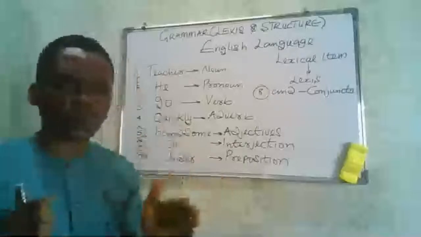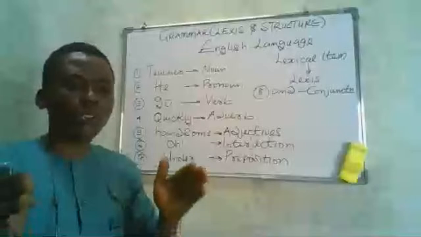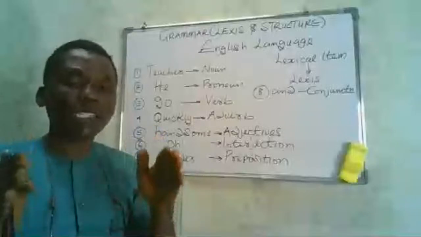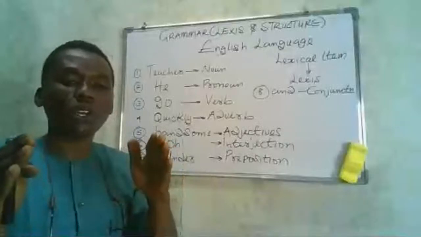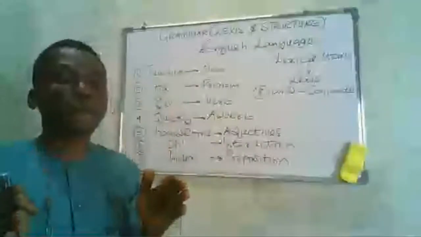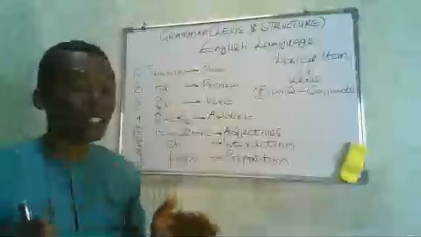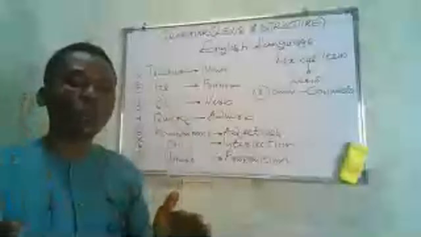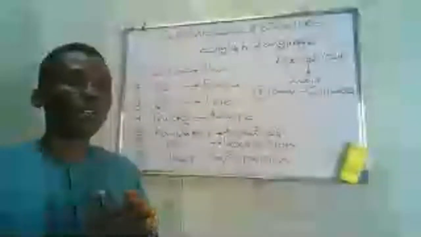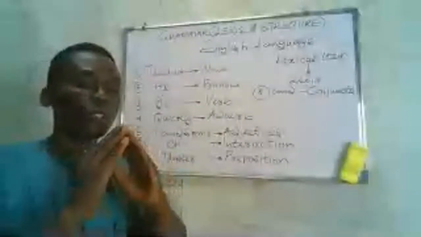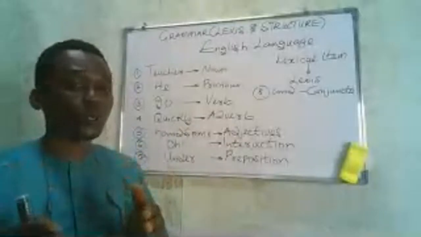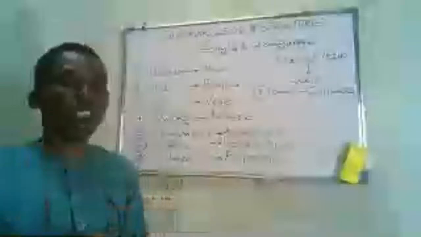Now, when we talk about structure, what do you think is structure? Structure refers to the definite established relationship or rules of a language. Every language has its own structure because they have definite and established rules that guide the formation of words in order to make such a sentence or such combination of words meaningful. That is exactly what structure is. And that's why we define structure as the grammar aspect of the language itself.